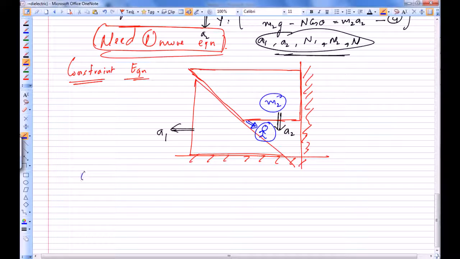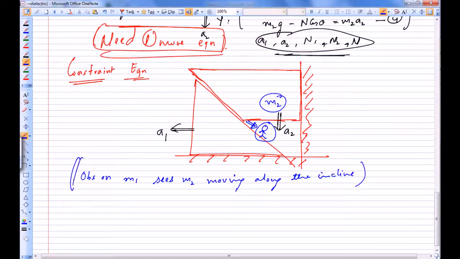So this observer on m1 sees m2 moving along the incline. So the relative acceleration of m2 with respect to m1 is going to be parallel to this contact surface.